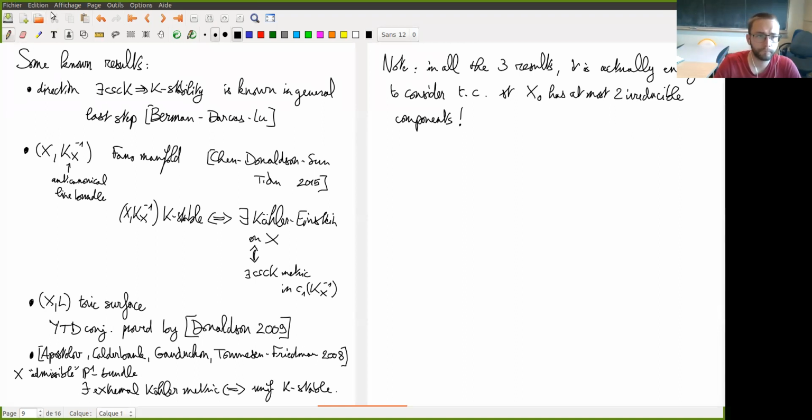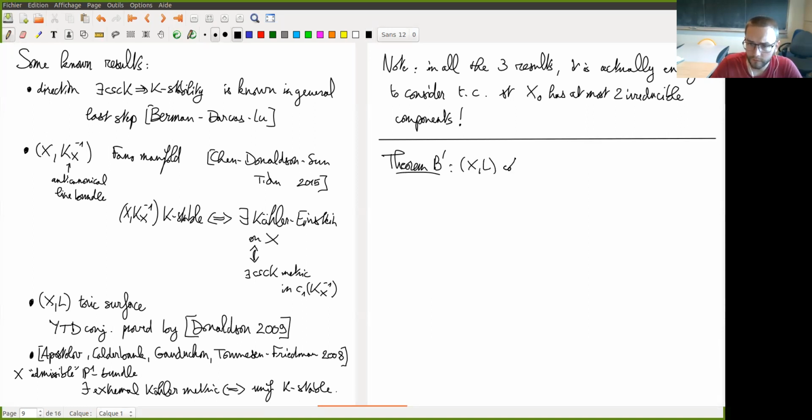And I can be a little bit more precise about my theorem B now that I've introduced K-stability.